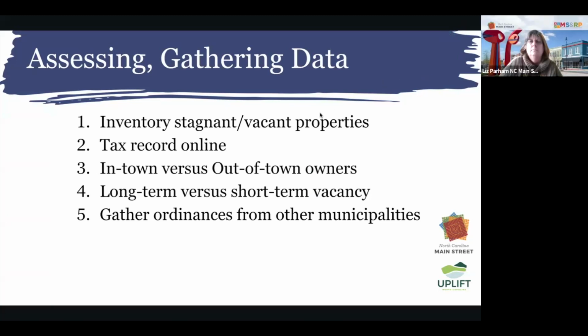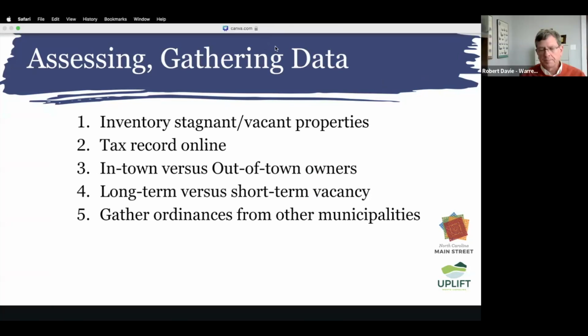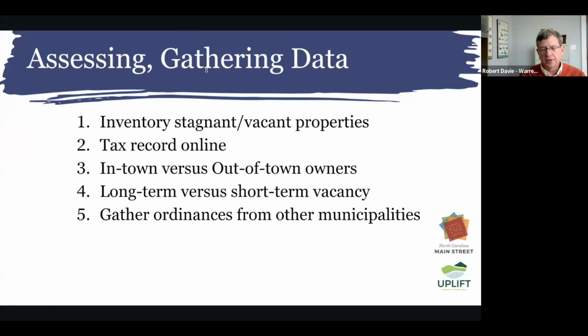So a first step was gathering data on the commercial buildings in the Main Street district and creating a spreadsheet that has their address, the building square footage, if available, the various owners' contact information, and the building status, like whether it's vacant, underutilized, or occupied.